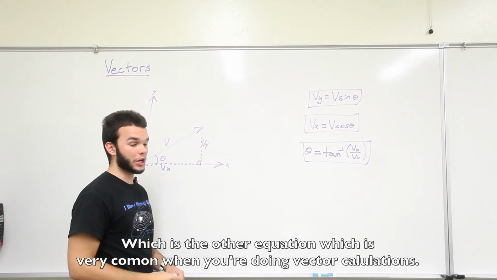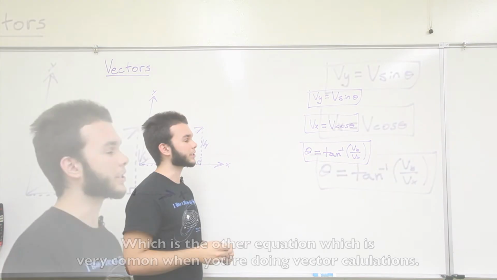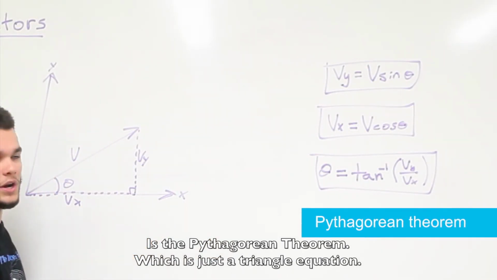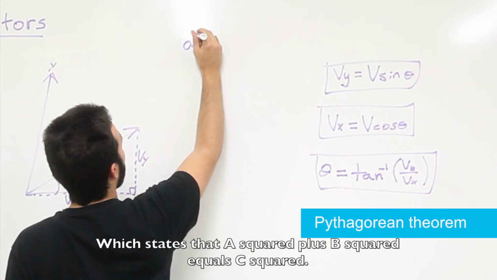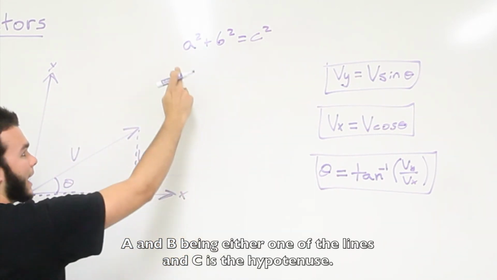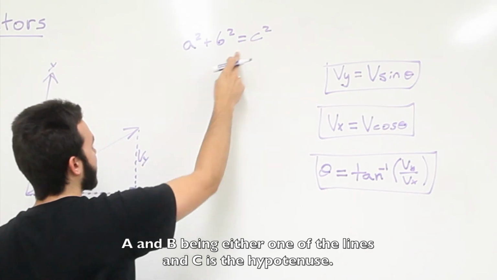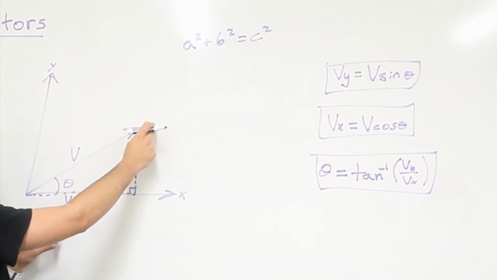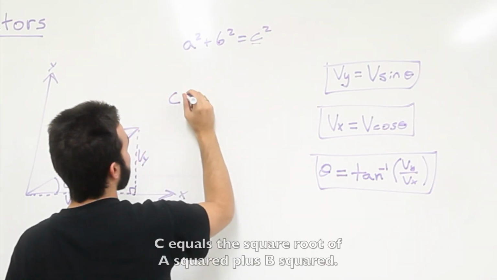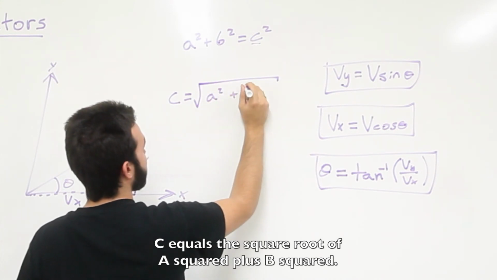The other equation which is very common when you're doing vector calculations is the Pythagorean theorem, which is just a triangle equation, which states that a squared plus b squared equals c squared, a and b being either one of the legs, and c is the hypotenuse. So if we want to just find c, then we do c equals the square root of a squared plus b squared.